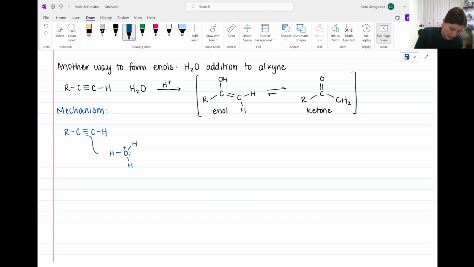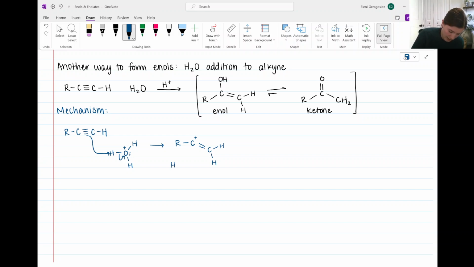Electrons in the triple bond grab a proton, and so that forms now an open shell carbon. The less substituted carbon is the carbon that gains the new hydrogen. So that means our more substituted carbon is a carbocation. This was Markovnikov's rule, you might remember.